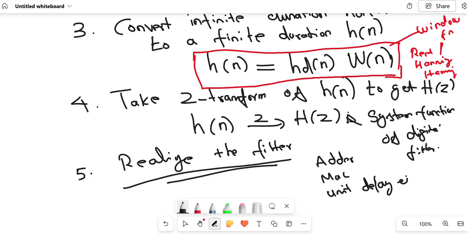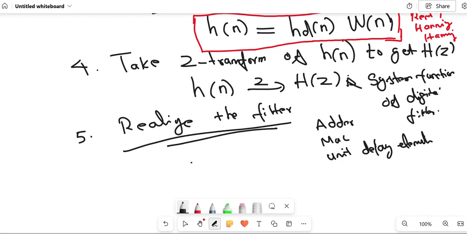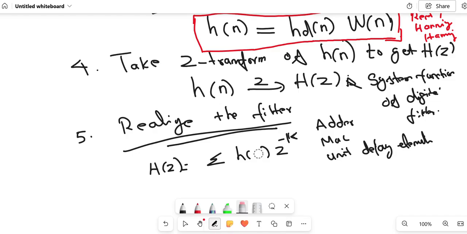Unit delay elements, because what we know is that h of z is equal to the sum of h of n into z power minus n.